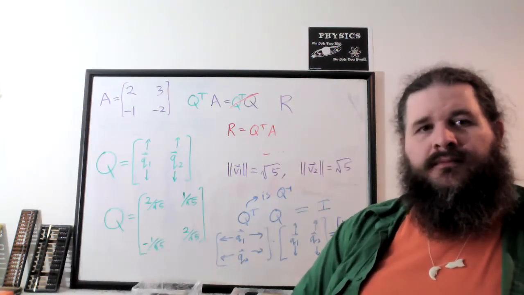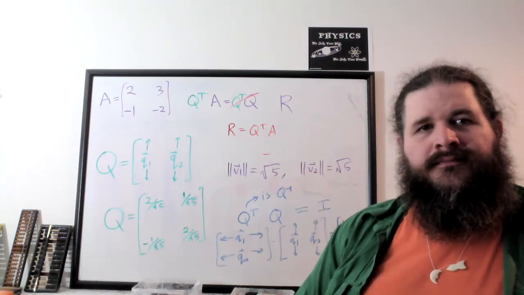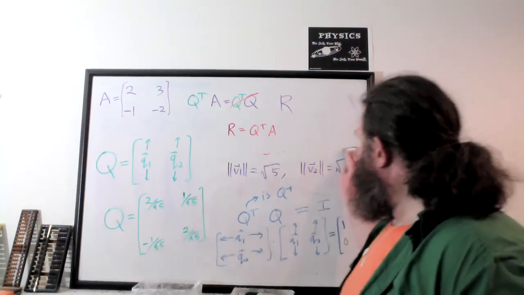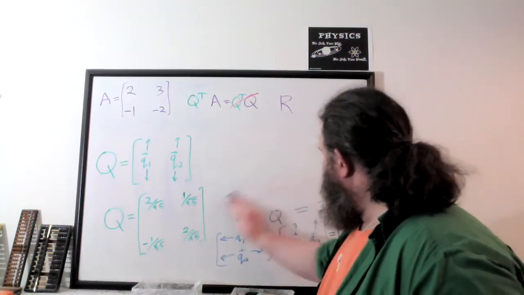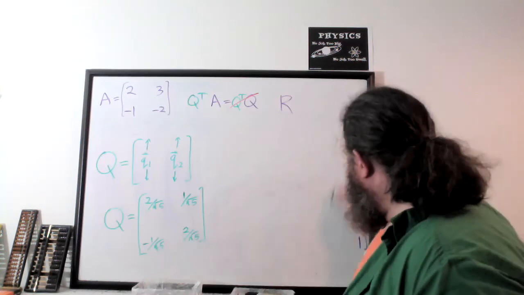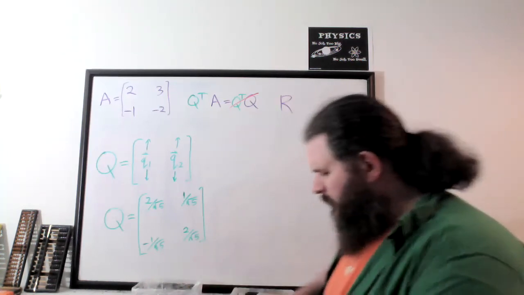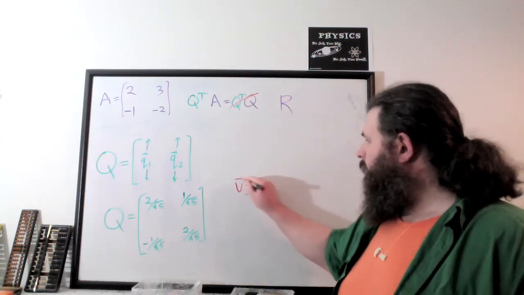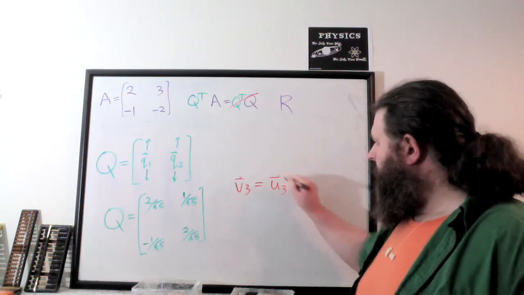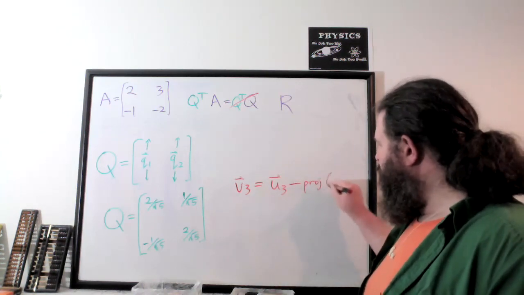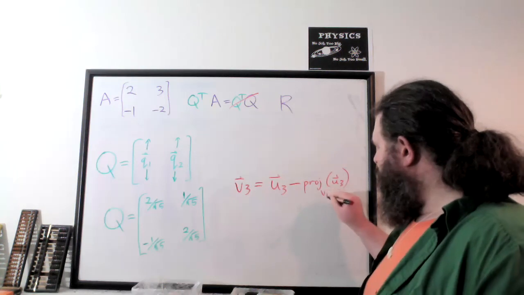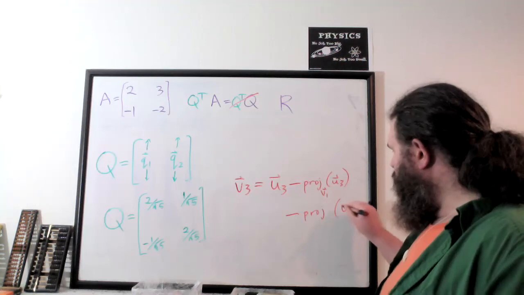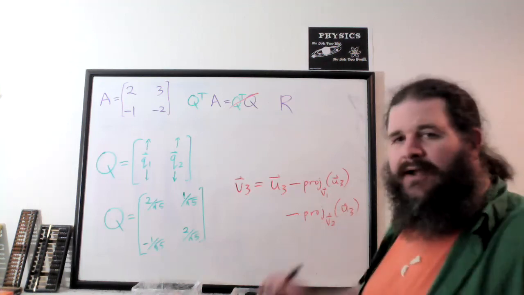So would you subtract the projection of U1 and the projection of U2 as well in V3? Well, V3 would be defined as U3 minus the projection of U3 onto the V1 direction you already found, also minus the projection of the same U3 onto the V2 direction you already found.